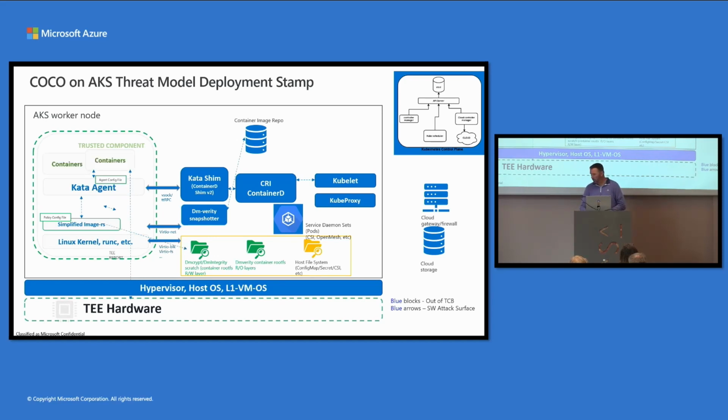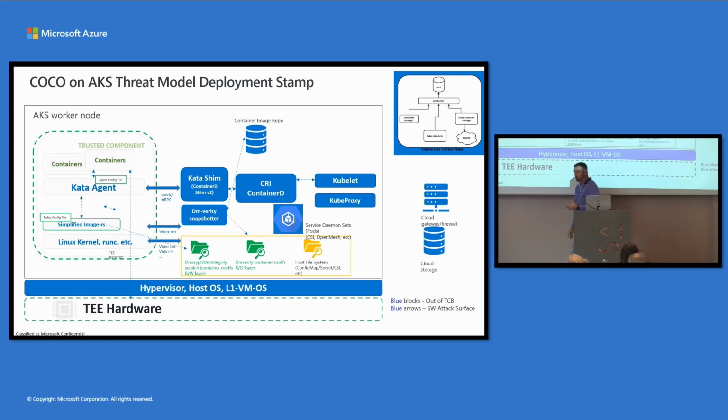And then I can see, essentially now as I start to deploy on my AKS worker nodes, now as I start to spin up containers in there, I've got everything segmented out. So you can see the blue blocks, essentially in this model, are outside of the trusted boundary, and the blue arrows are essentially attack surfaces, right? So as I start to segment it out, there we go.